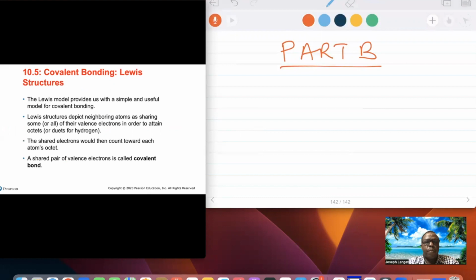Lewis structures provide us with a simple, useful model for chemical bonding. In Lewis structures, when an atom of an element forms a covalent bond, it ends up with either 8 electrons, which is called the octet rule, or a duet. For example, in hydrogen gas, it is H with a line, which represents a covalent bond with another hydrogen.